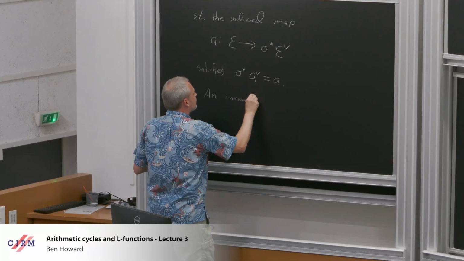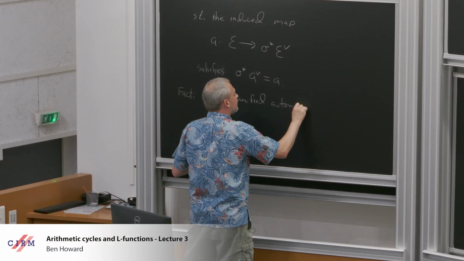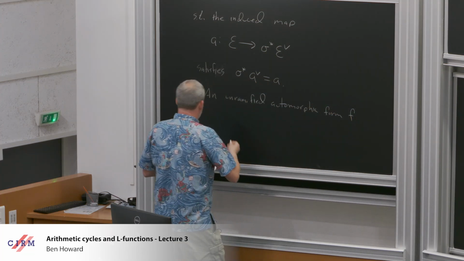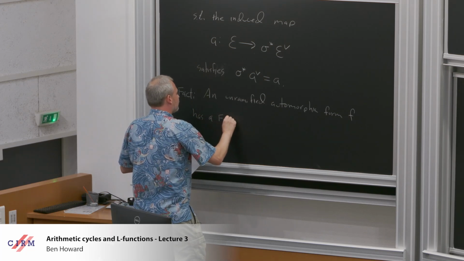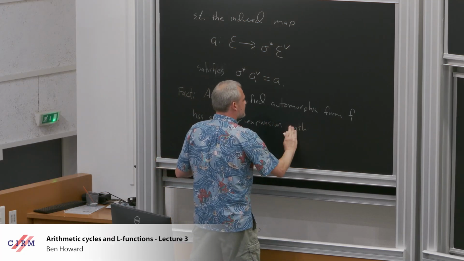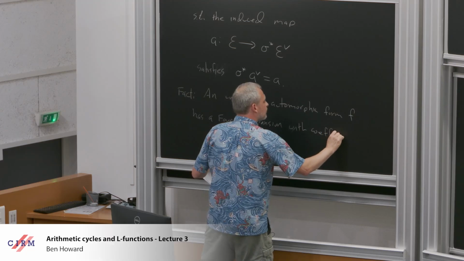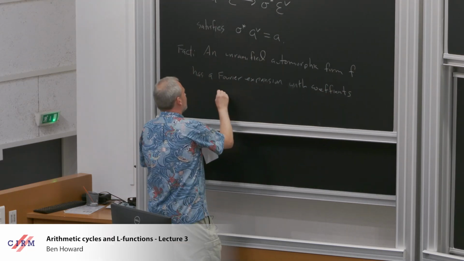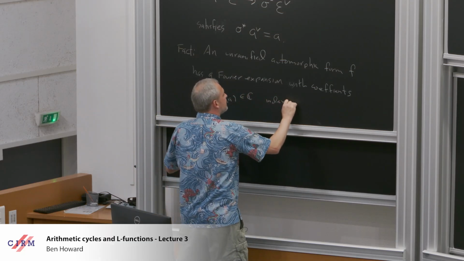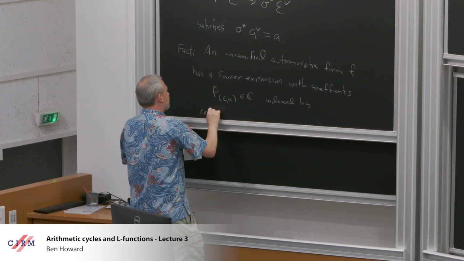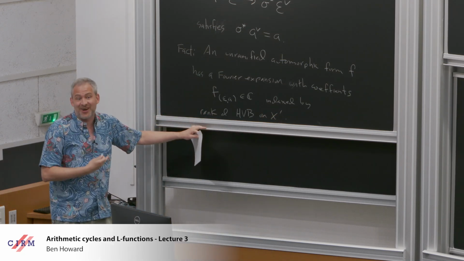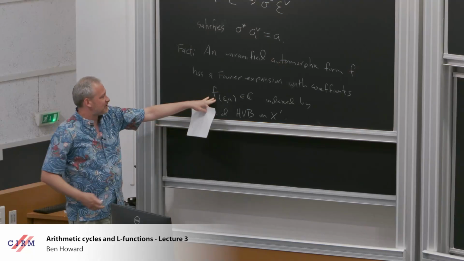An unramified automorphic form F, as on that board, has a Fourier expansion with coefficients F sub EA, they're complex numbers, indexed by rank D Hermitian vector bundles on X prime.